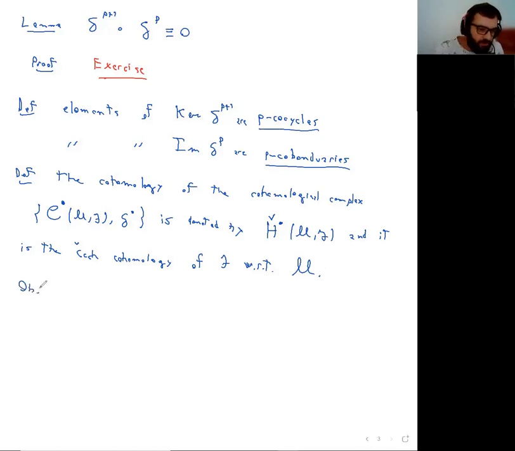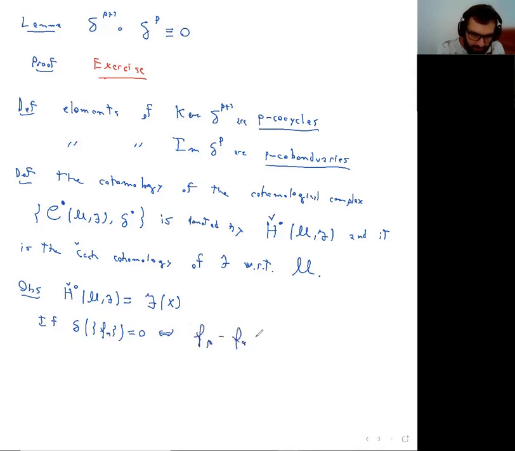Just a quick observation about the zeroth cohomology. So this is just the kernel of the first operator. Well, this is just the global sections. Why? Because if the delta operator of F alpha is 0, then what this means is that F beta minus F alpha on, again, this is fake restriction, is 0.